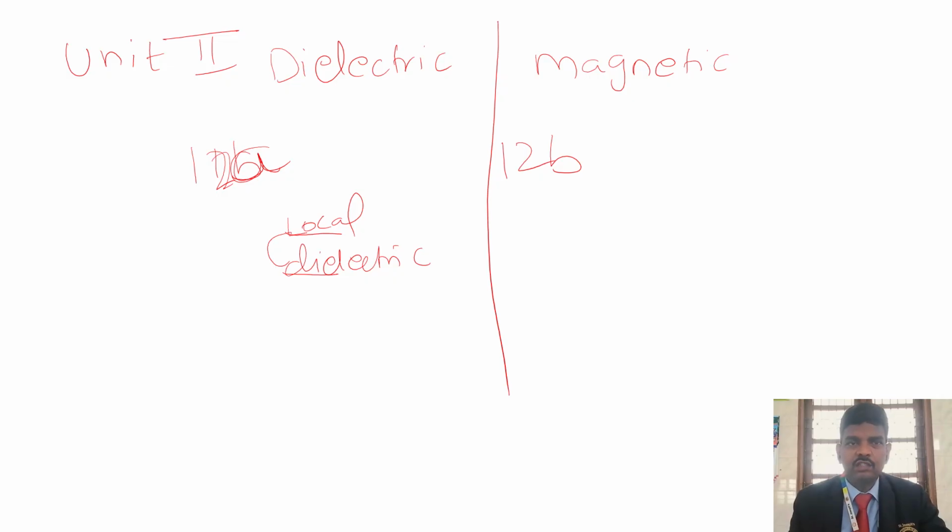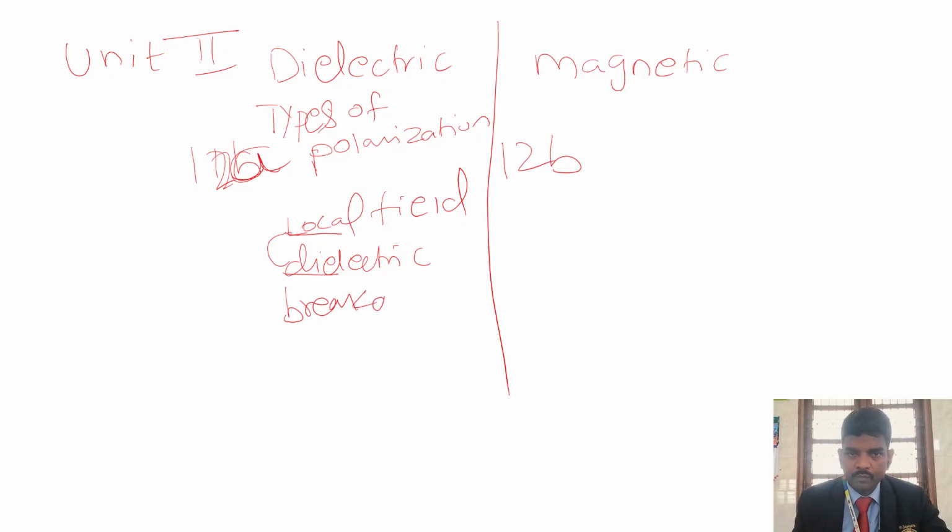In dielectric, what are the topics to concentrate on? Types of polarization. This is one very important concept, right? Second one is local field and Clausius-Mossotti relation. Third topic is dielectric breakdown.